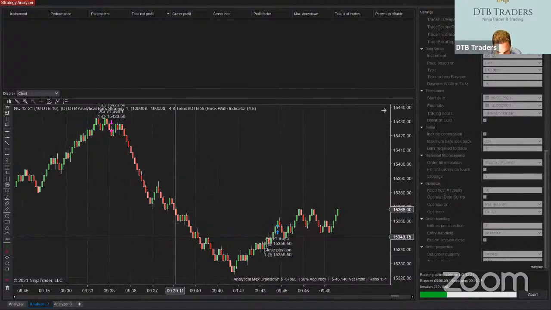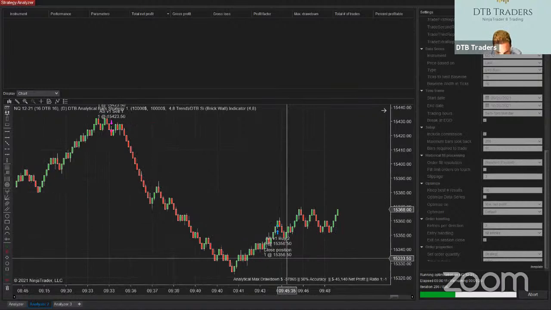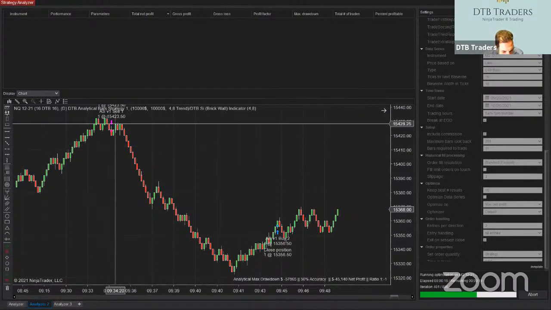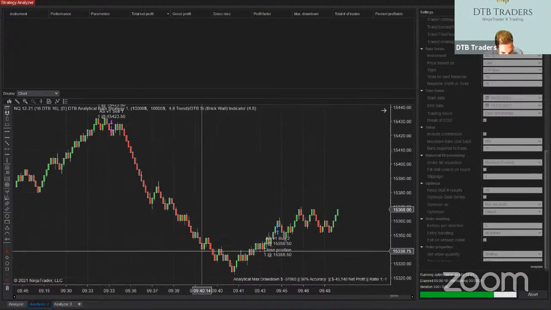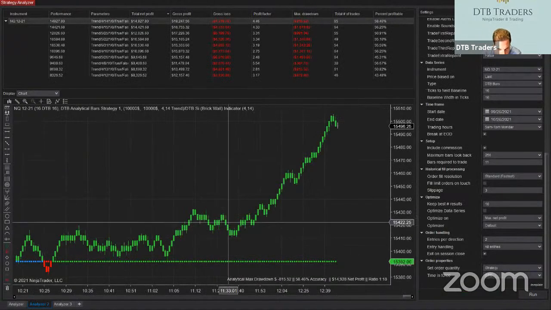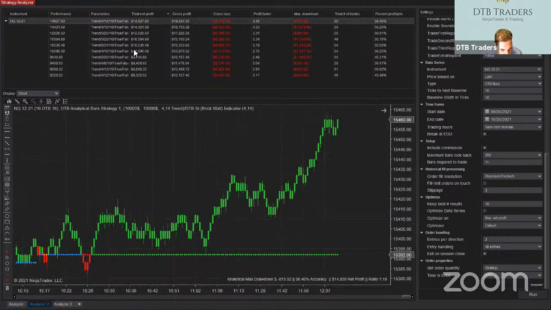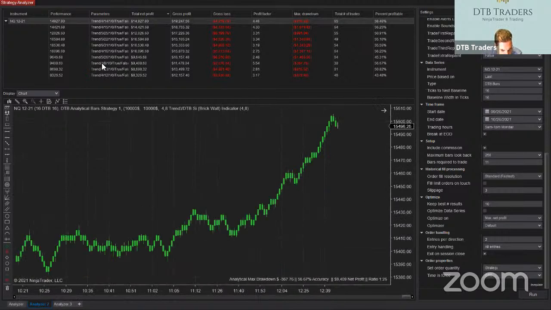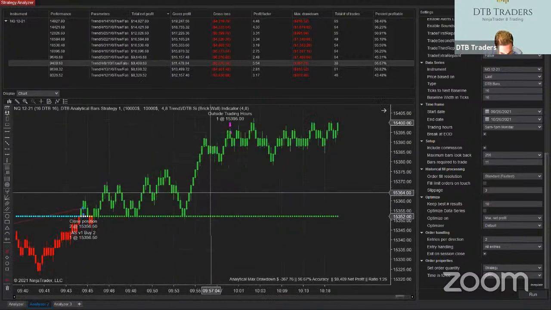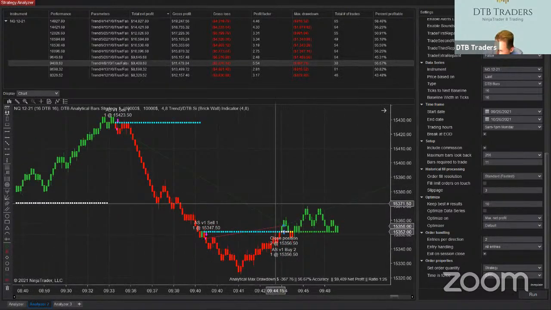I just want to check if that counts as the second entry, or was that just a quick change over and it didn't actually take a signal? So let's see. Sometimes you're going to run the optimizer again just to make sure that everything is actually painting as it should. So now all of a sudden it does.